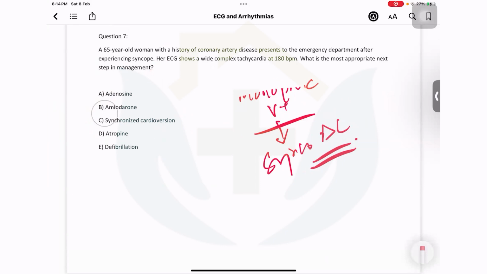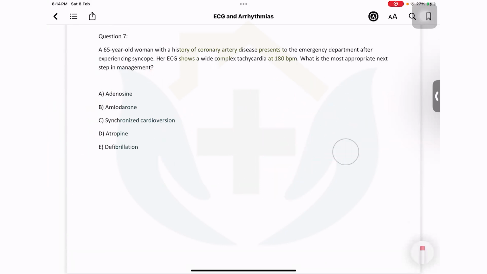A 65-year-old woman with history of CAD comes to the emergency after experiencing syncope. Her ECG shows wide complex tachycardia at 180. Oh my God. So QRS is too broad here. What will you do? What is the diagnosis? Torsades?